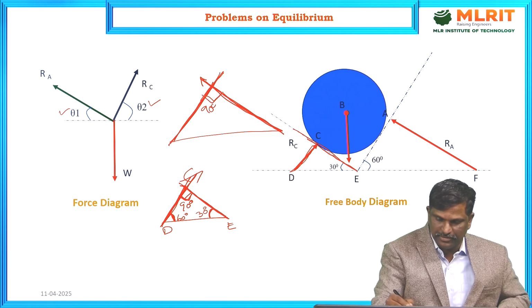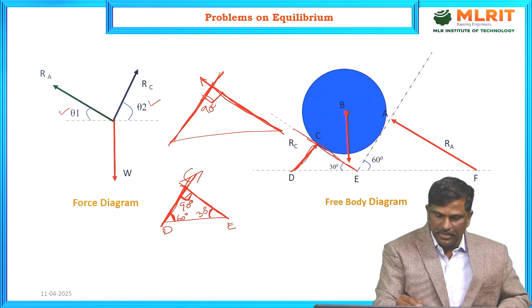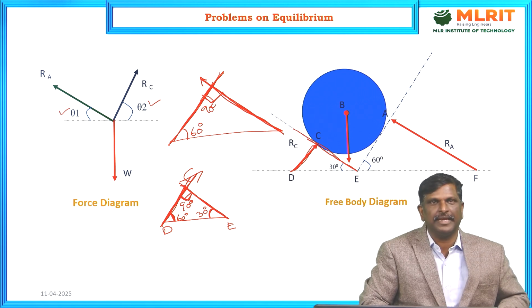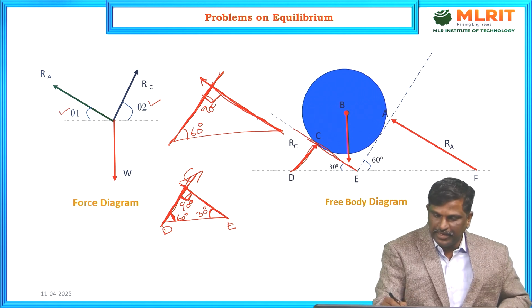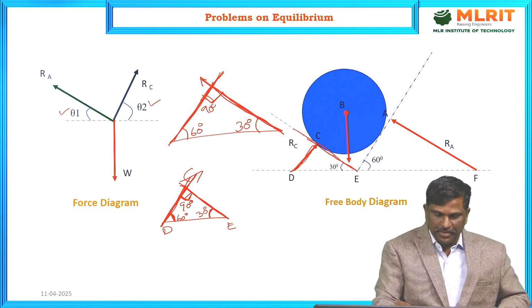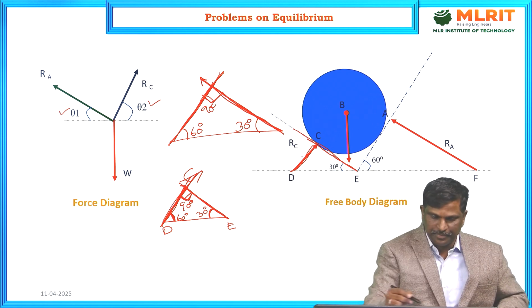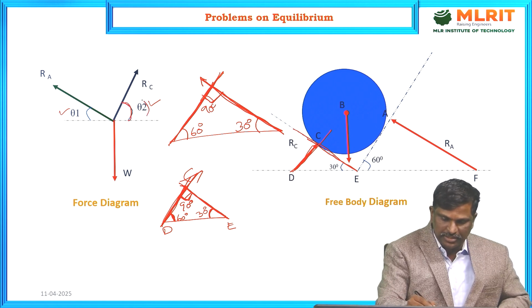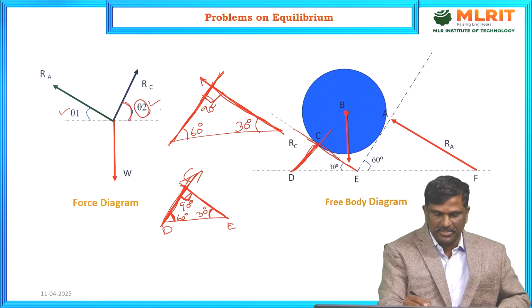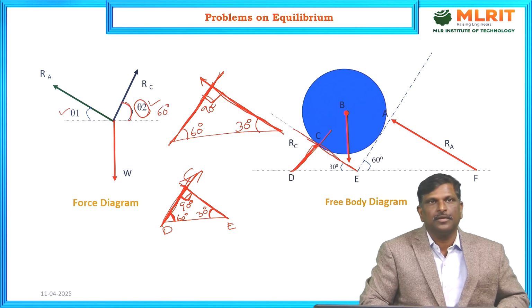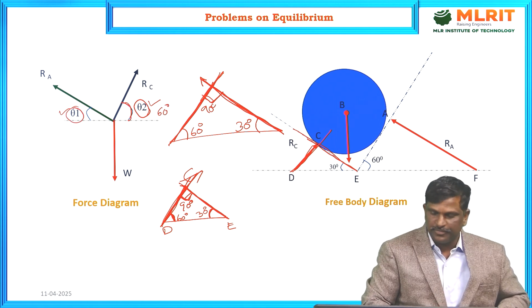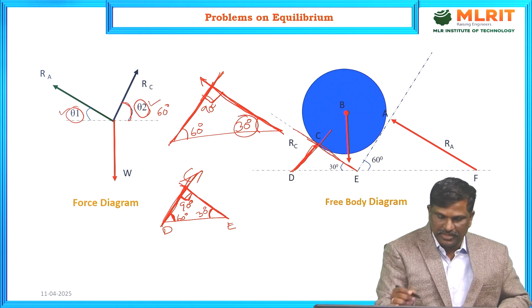So the angle is 90 degrees here and this wall is making an angle of 60 degrees. Now, the remaining angle is 30 degrees. So, the angle made by RC with respect to horizontal, that is theta 2, is 60 degrees. The angle made by RA, that is theta 1, is 30 degrees.